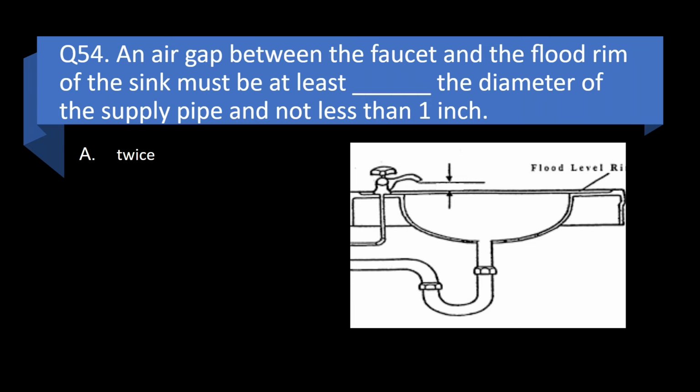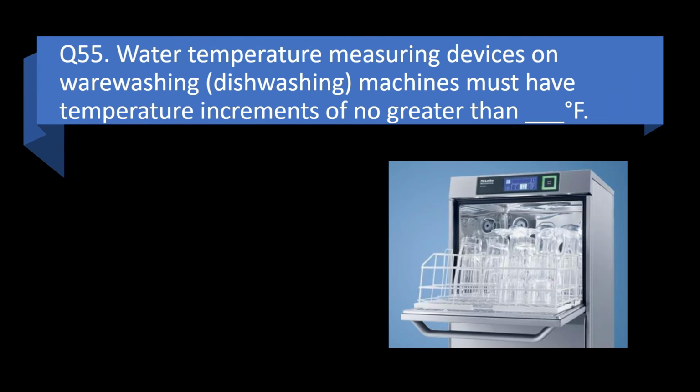A. Twice. Question 55. Water temperature measuring devices on warewashing, dishwashing machines must have temperature increments of no greater than blank degrees Fahrenheit. 1, 2, 4, or 10. B. 2.